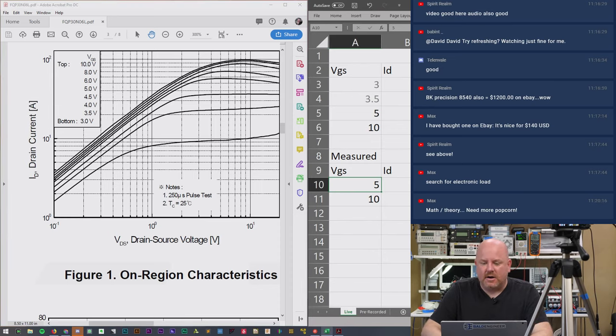And so by increasing VGS, we reduce the voltage drop across the transistor itself. So what I've done is I've gone ahead and done a little bit of math for us. If I have a drain current of 5 amps and the VDS, according to this graph, is 165 millivolts, then the resistance is going to be 33 milliohms. And then using Ohm's law, like I squared R, it's dissipating 825 milliwatts.